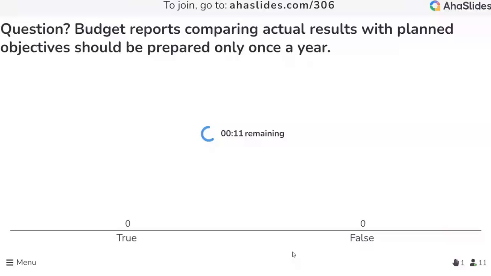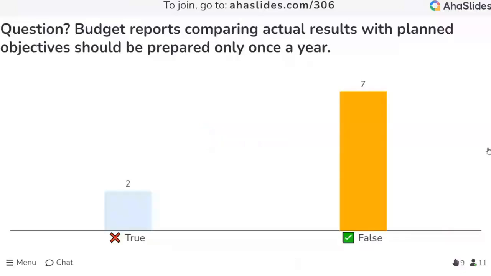Of course, it's false. Good. Of course, we can't wait for a whole year to see how well we're doing compared to what we thought we would be doing. So no, these reports are compared very frequently throughout the year.